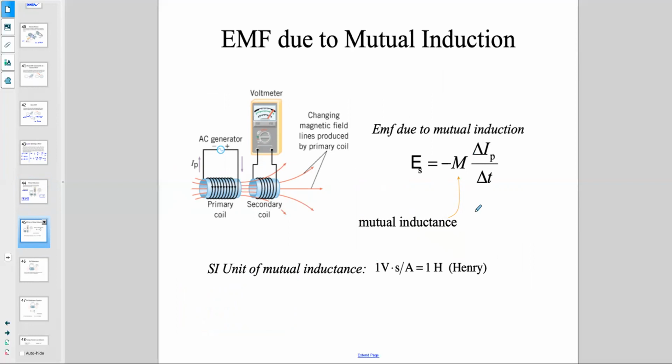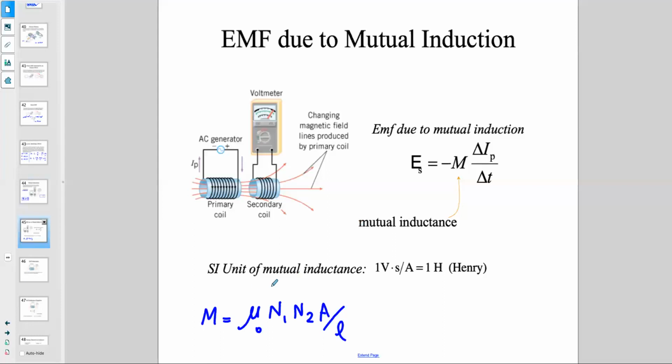For example, if you have two solenoids, then this M would be mu 0, number of turns in the first one, number of turns in the second one, the area, which we assume is the same for both of them, though it could be different, over L, the length. So this is called mutual inductance.